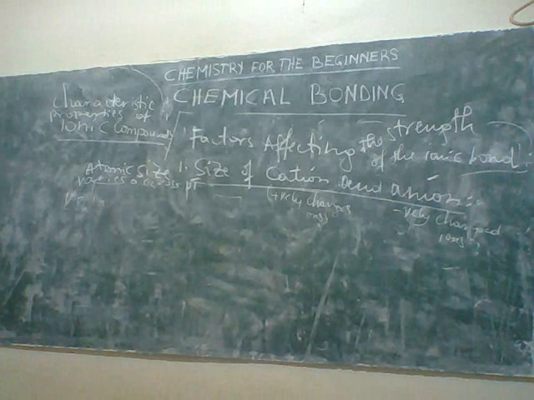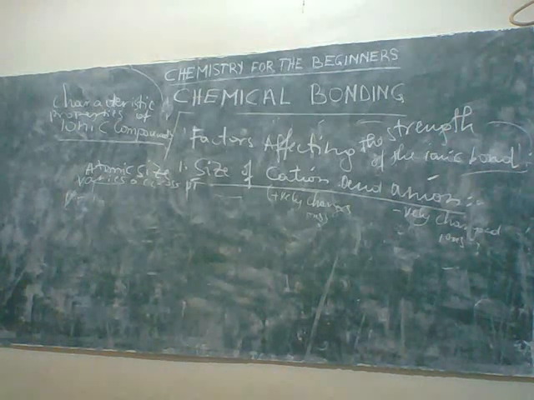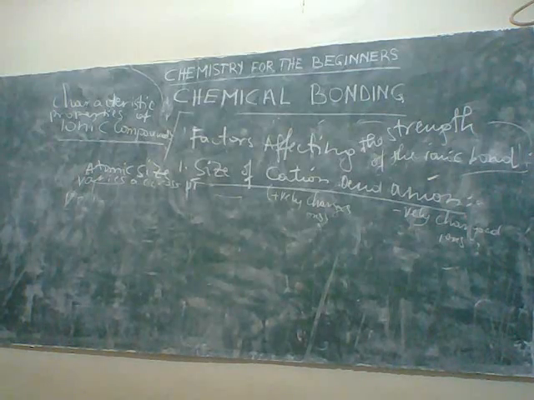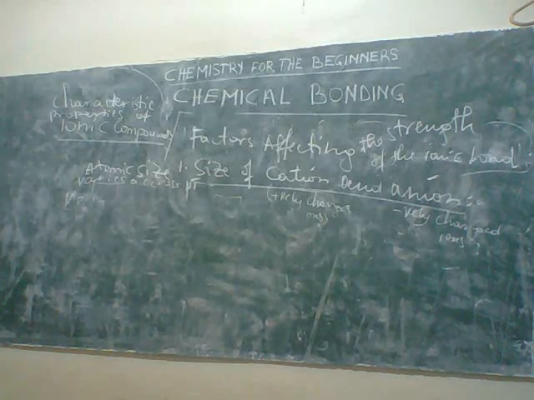We said that ionic bonds are stronger when the size of the cation is bigger and that of the anion is smaller, due to the low polarization. For example, sodium chloride is more ionic than lithium chloride.